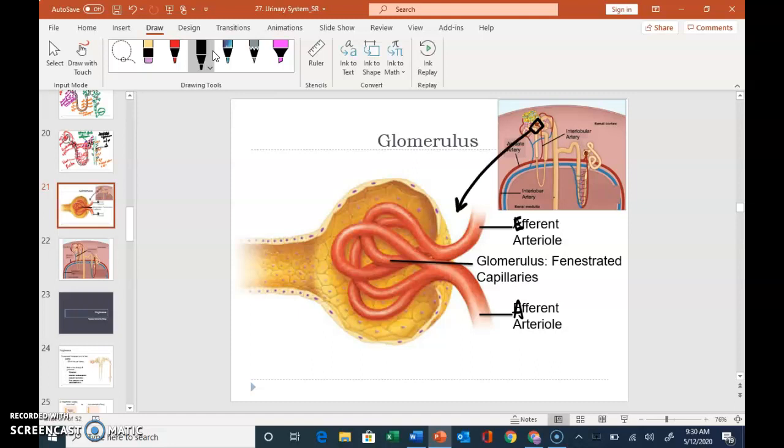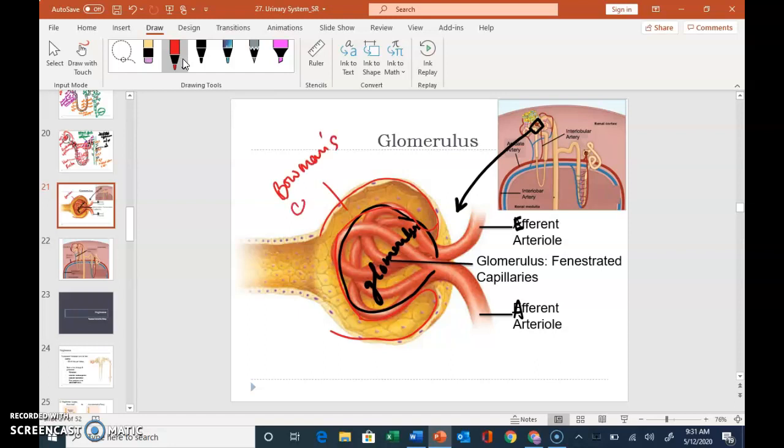When you blow this up, what do you see? You see the first capillary bed, the glomerulus. So this capillary network, this is the glomerulus. Surrounding the glomerulus, this part is called Bowman's capsule, right?